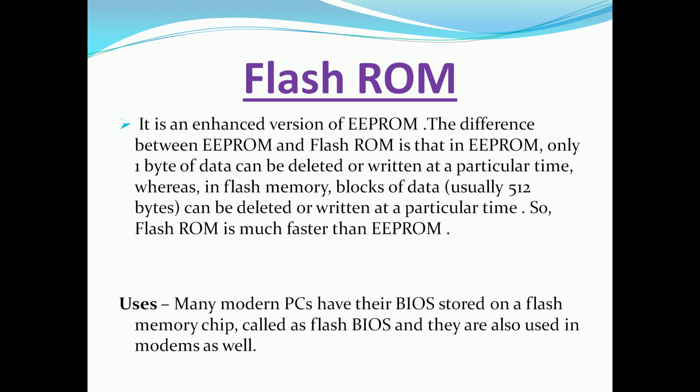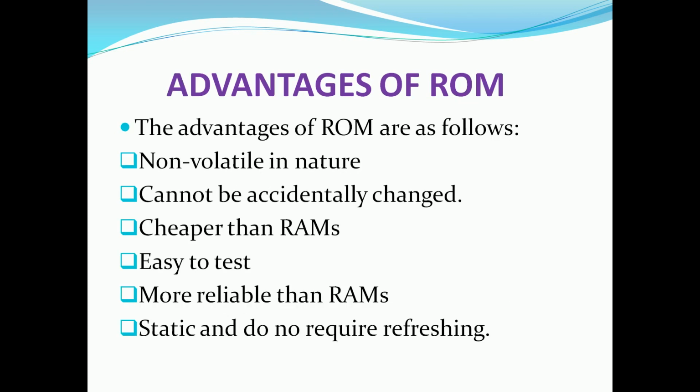So flash ROM is much faster than E2PROM. Many PCs have their BIOS stored on flash memory chips called flash BIOS, and flash ROM is also used in modems as well.